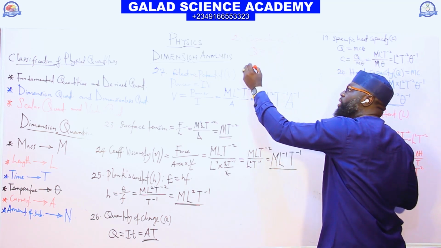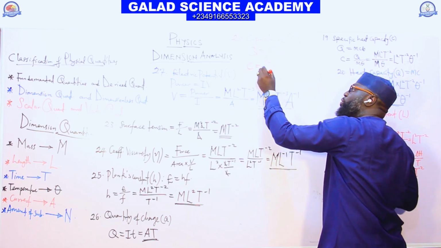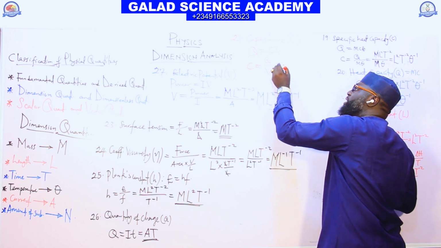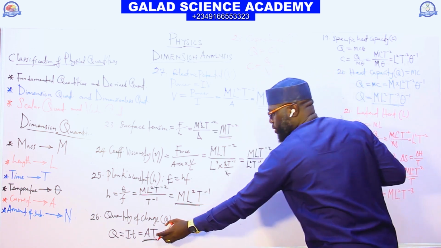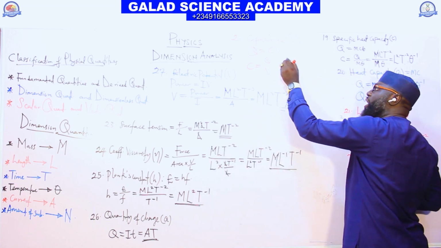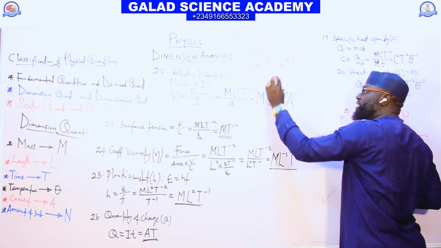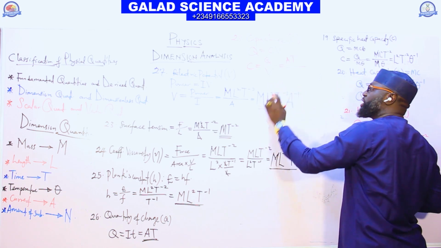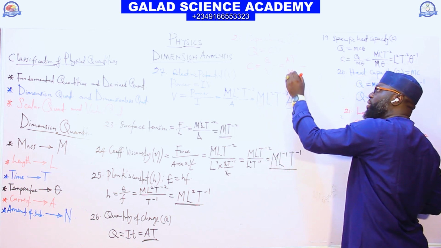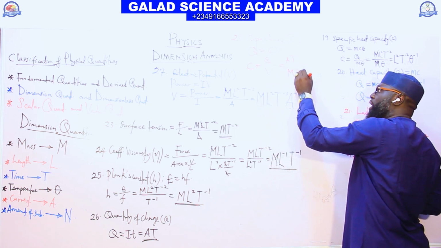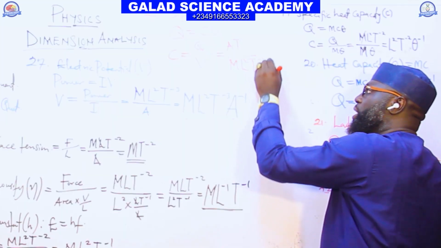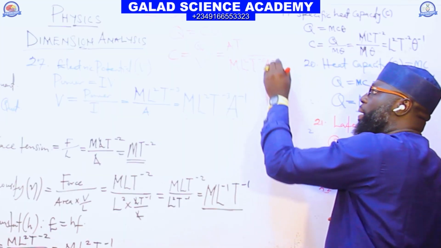So C will be Q over V. What is dimension for Q? Q is A T. What is dimension for V? M L square T minus 3 A minus 1.